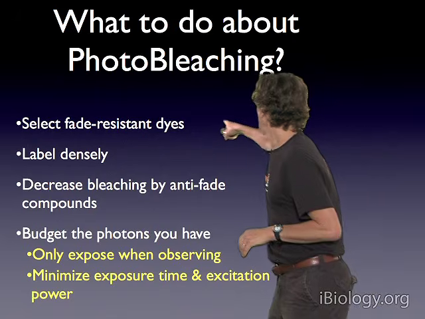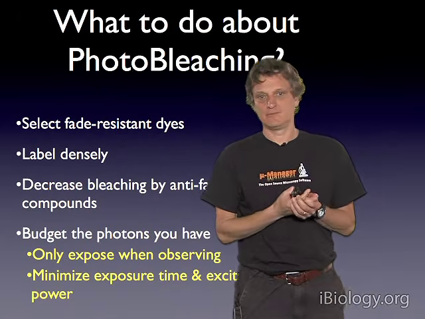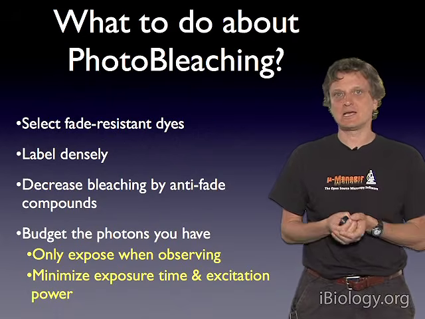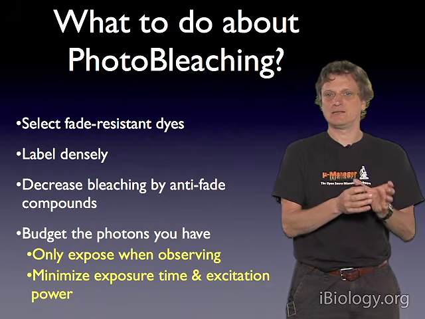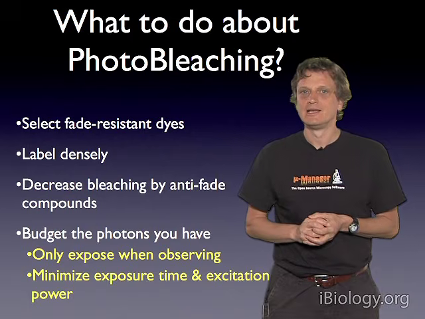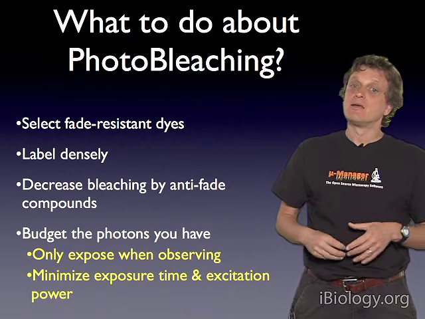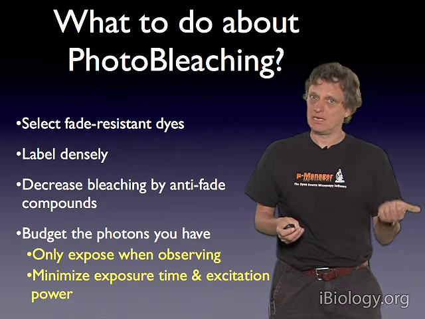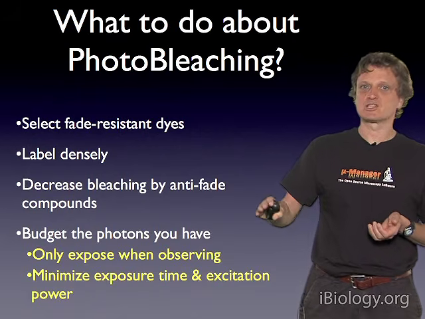First of all, you can select dyes that are resistant against fade or that do not bleach as fast as others. So for instance, this dye fluorescein that I showed to you before tends to bleach extremely fast. There are now other dyes on the market that have the same excitation and emission properties, but that bleach much slower.